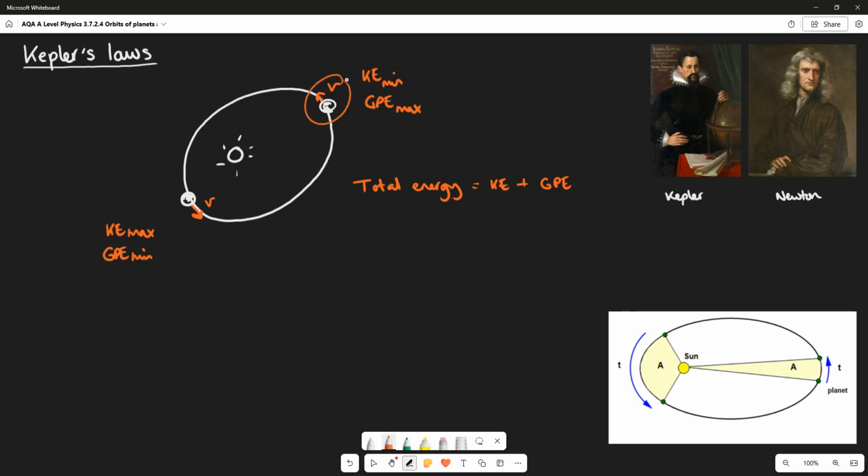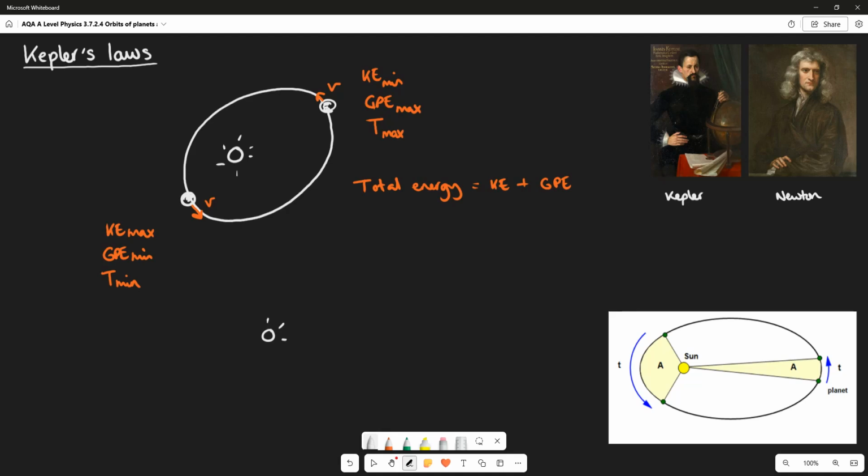And because the speed is slower, the further away you are, then if you were to extrapolate a circular orbit from that location, the period of the orbit would be largest, and if you were to extrapolate a circular orbit around this location, then the period of that orbit would be the smallest, it having the greater velocity.